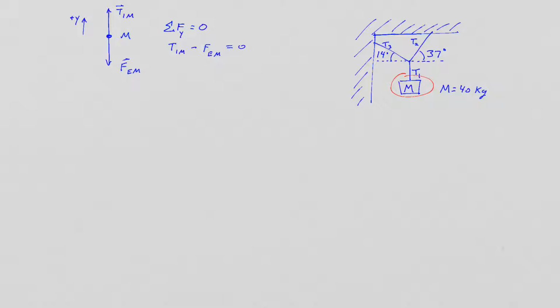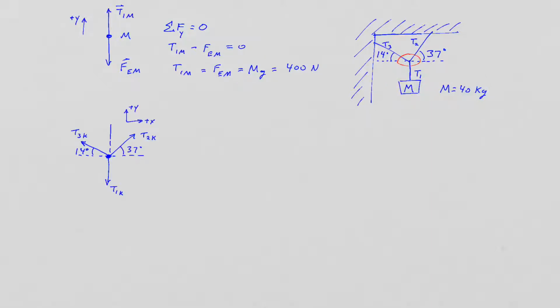Then we can just write down that our tension acting on the mass is equal to the earth force on the mass. In this case, we have the simple model that the mass times gravity is the force of the earth on the mass, and that's approximately 400 newtons, using 10 meters per second squared for gravity.